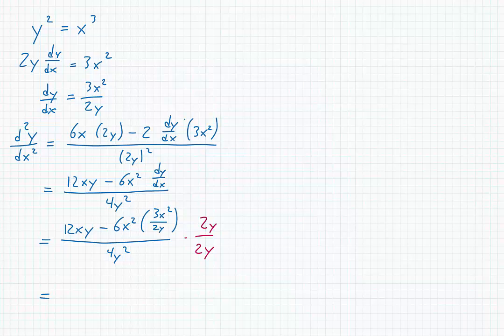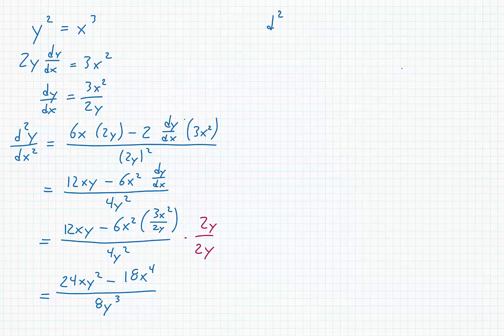So that's going to end up giving us 24xy squared minus, let's see, these two y's are going to cancel, so we're going to end up with 18x to the fourth. And that's all going to be divided in the bottom by 8y to the third power. Now each one of those terms has a 2 in it, so let's simplify that a little bit.